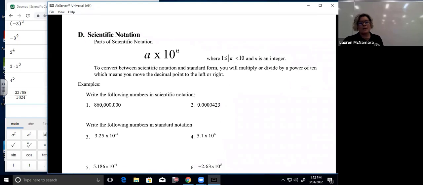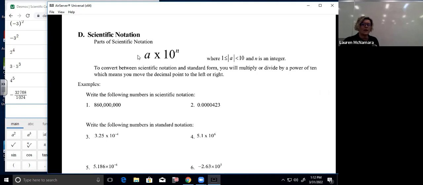The last topic in this particular section is scientific notation. So part of scientific notation is you have this constant value that's right here, which we call A. And A is greater than or equal to 1, but less than 10. So can you have a negative out in front?